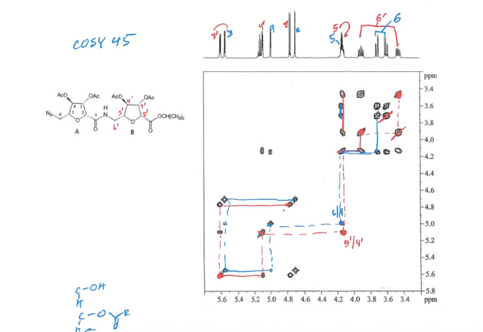Yeah, see? Which is more than we could get just looking at the one-dimensional spectrum, right? But we're still in pretty good shape here because most of these, except for 5 and 5 prime, are pretty well resolved, right?